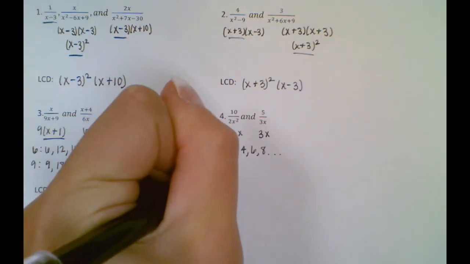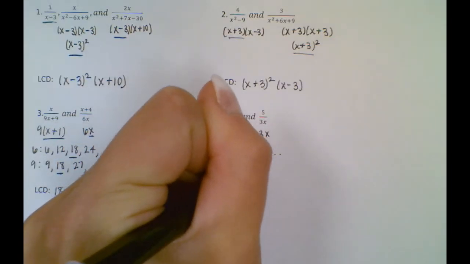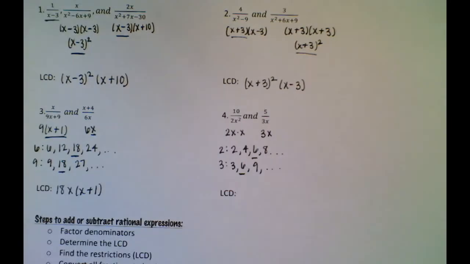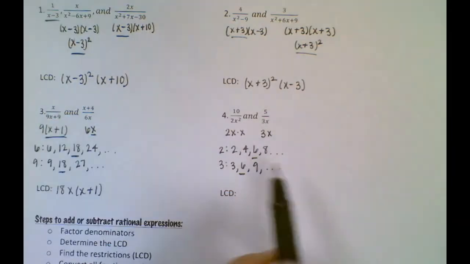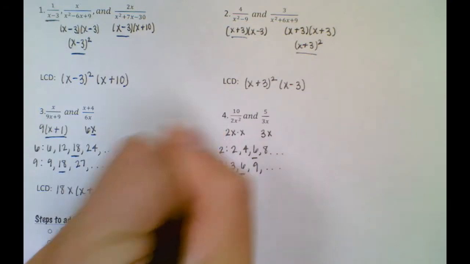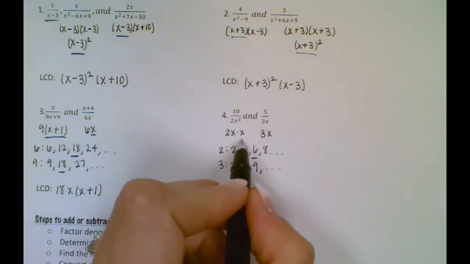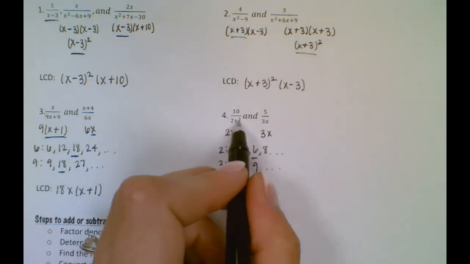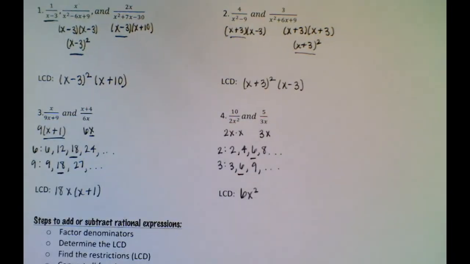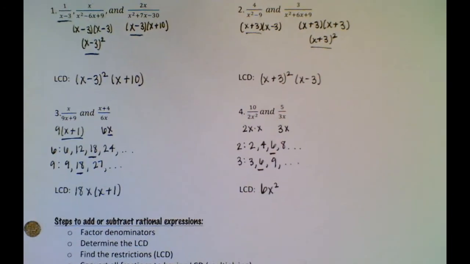For 3, we've got 3, 6, 9, and so on. So it looks like the least common multiple is going to be 6 because it's the smallest number that occurs in both lists. And then I have 2 x's here and only 1 x here. This has the higher degree because there's 2 of them, so this will be 6x squared. Okay, so that's how you find the least common denominator.